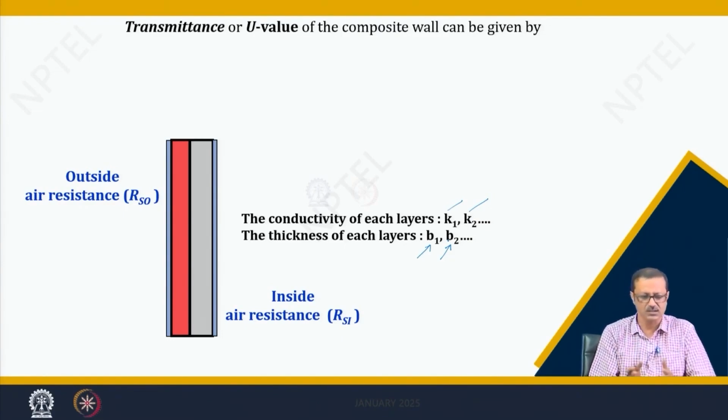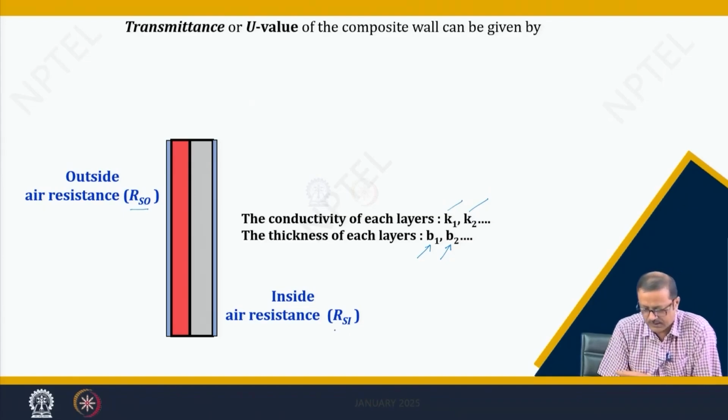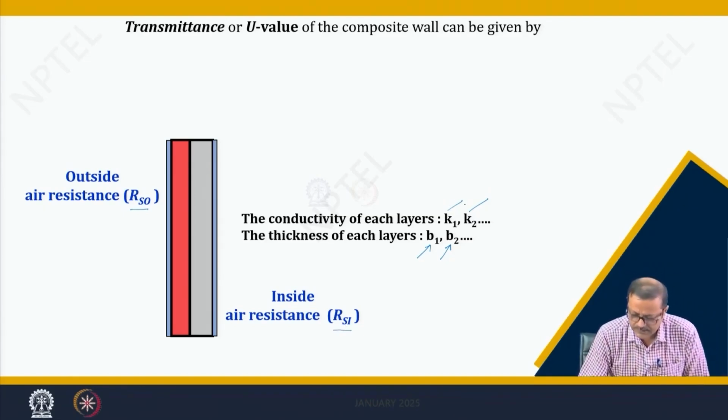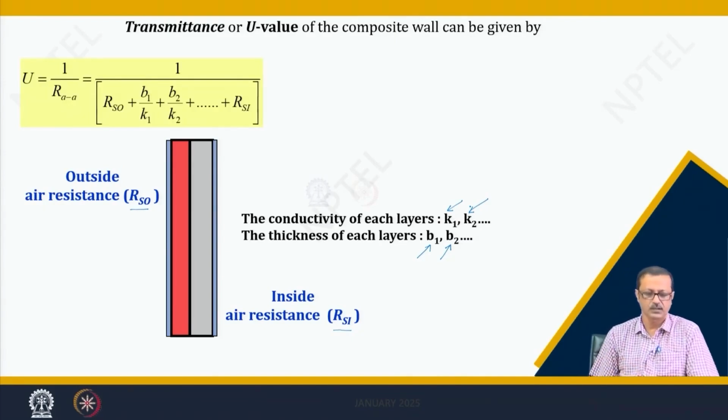So, there is a resistance on the outside and a resistance on the inside. I am calling them RSO, the resistance of the surface outside, and RSI, the resistance of the surface inside. If I include these with the actual values of the material K and the thicknesses, then the U value can be calculated based on this formula.